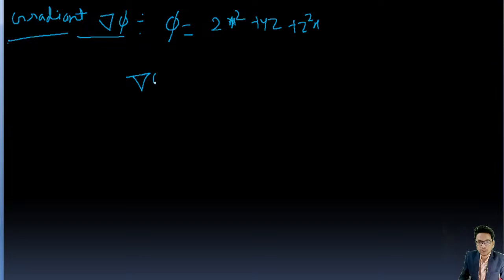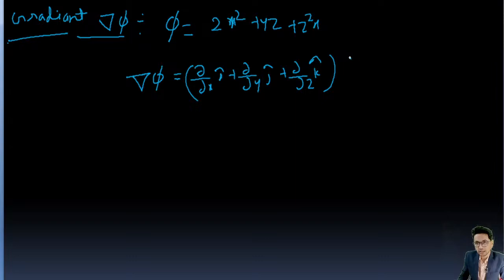So gradient of phi is equal to, we know the value of del, right? Del over del x i cap plus del over del y j cap plus del over del z k cap, into phi, that is 2x square plus yz plus z square x. Okay, so now we are going to solve it.